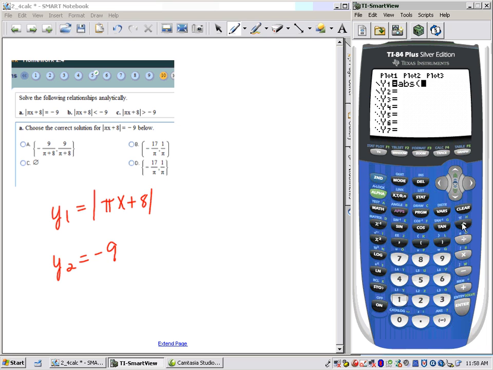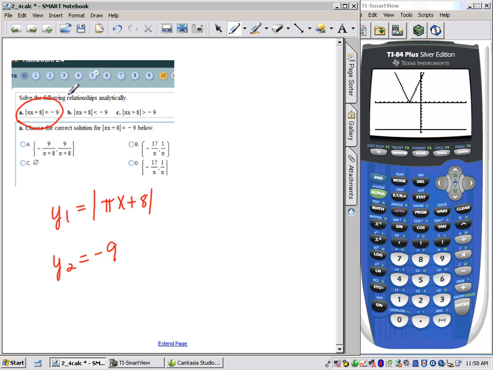To get my pi symbol, notice that it is above this caret symbol, so I can do second and the exponent key, x plus 8, close parentheses, enter, and that's equal to the -9. Now graph. If there's a solution, those two graphs would intersect, but they never intersect, which means that there is no solution to that equation.